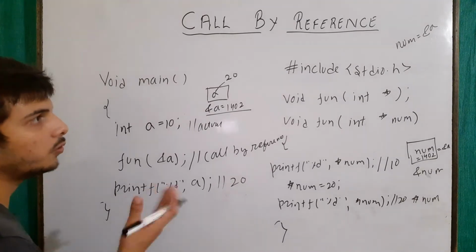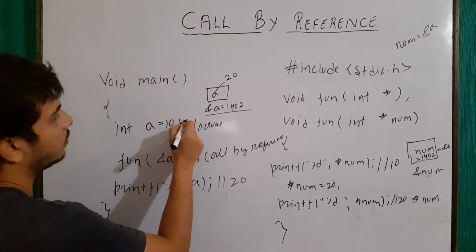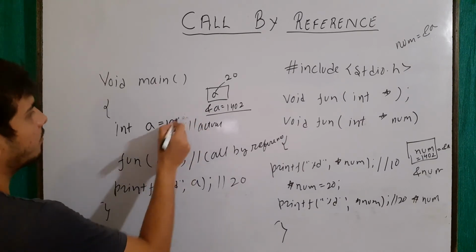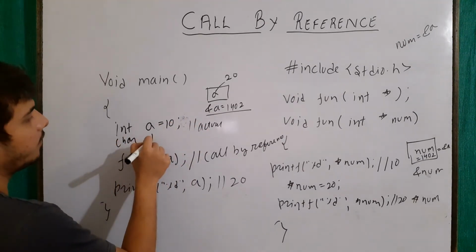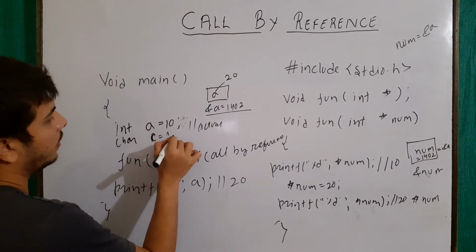If I want to send two addresses, then what I will do, let's say there is another variable of another data type, let's say c equals to, right now it is e.